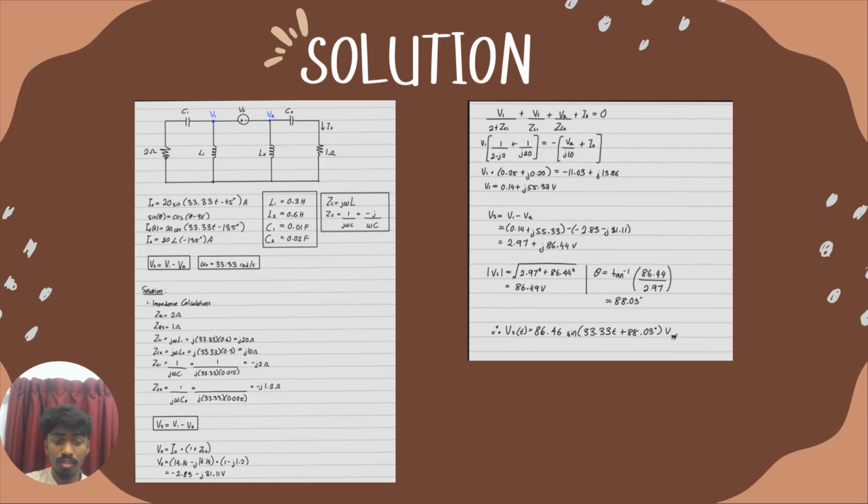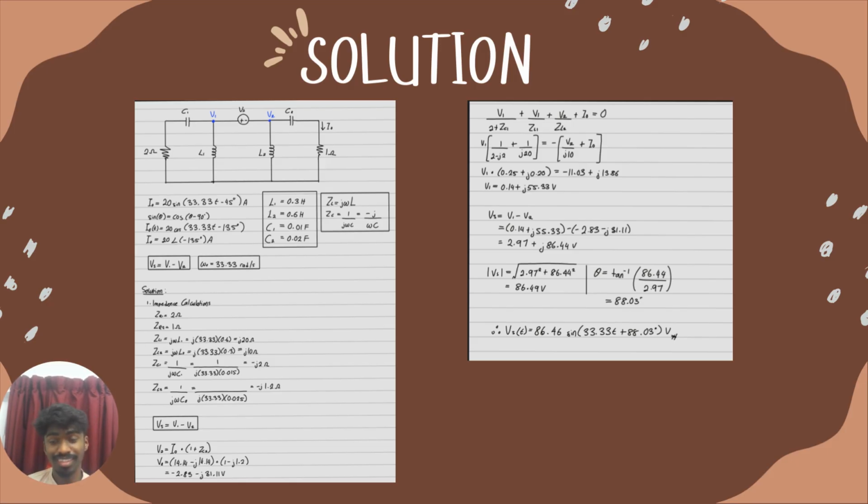Now that we solved for V2, we solve for node V1. For V1 we use a supernode. This is the most complex part, since the voltage source lies between node 1 and node 2, in the middle, so it is a supernode.